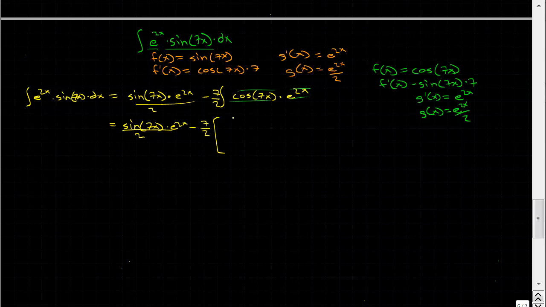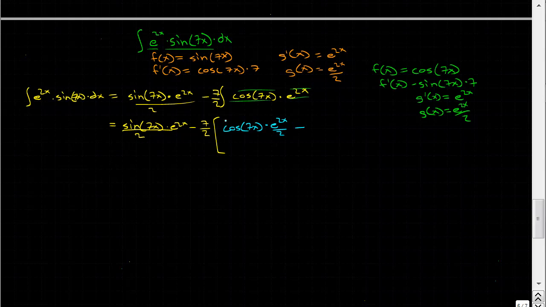And now we integrate by parts again. So we have f of x times g of x, cos 7x times e to the 2x divided by 2.